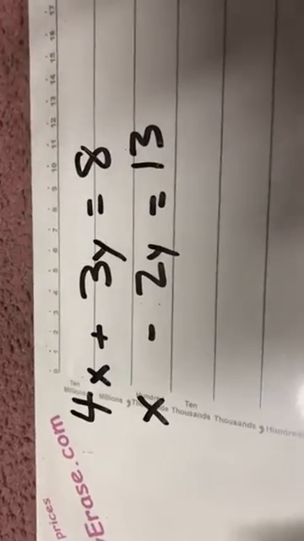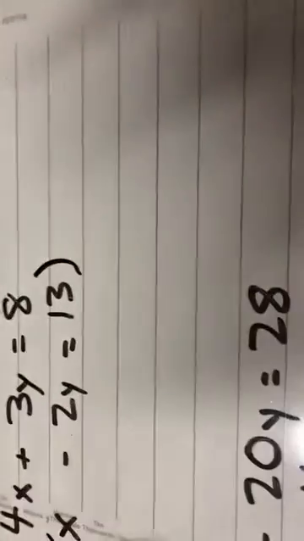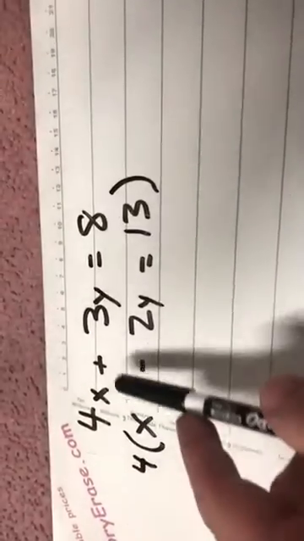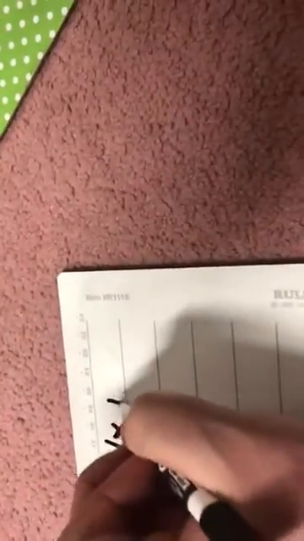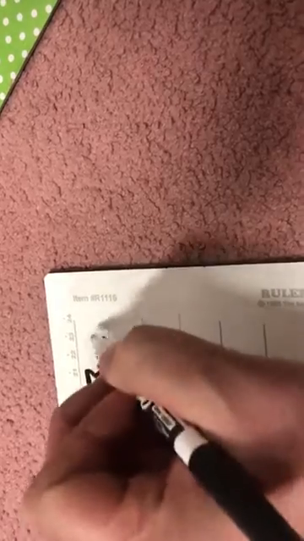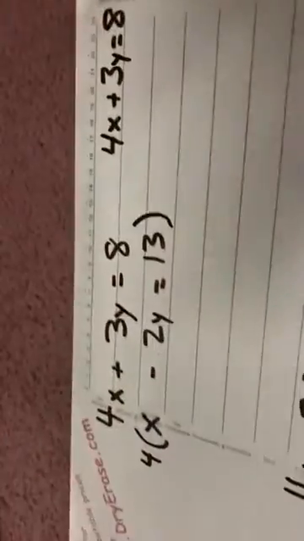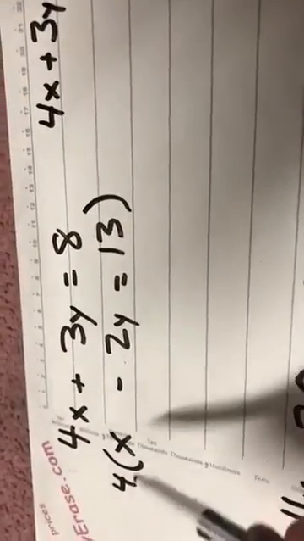So all I'm going to do is take this particular equation and multiply it all by 4. So I'm going to keep my 4x plus 3y equals 8. That's going to stay the same. I'm going to multiply this by 4.